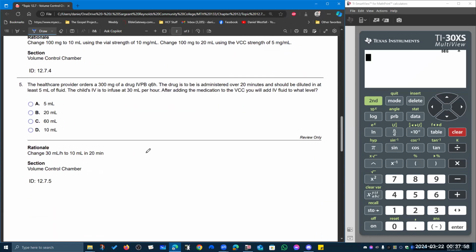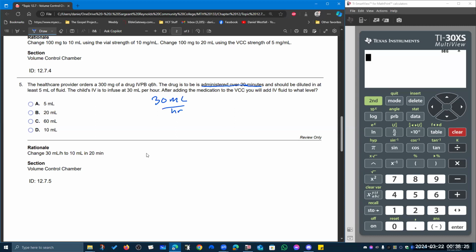And then the healthcare provider orders 300 milligrams of a drug to be administered IVPB every 6 hours. This drug is going to be administered over 20 minutes here. So the child's IV is to be infused at 30 milliliters per hour.